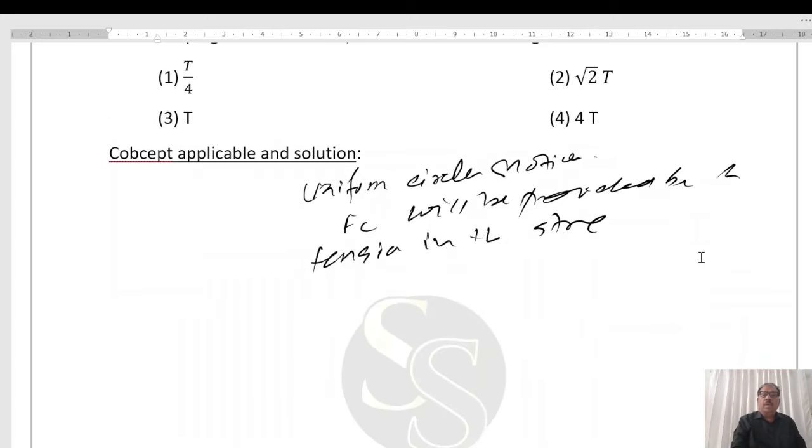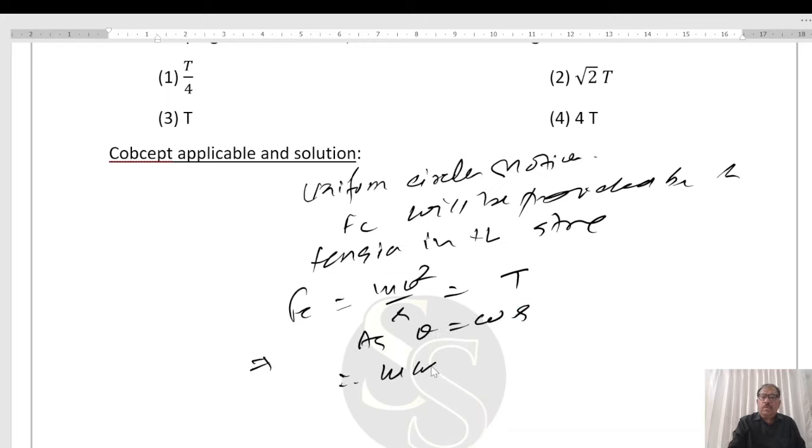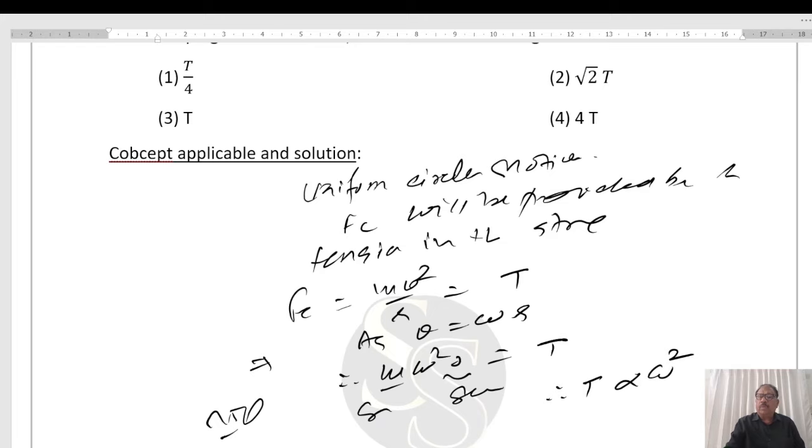You know, Fc will be equal to mv square over r equal to tension. As v equal to omega r, therefore m omega square r equal to tension. According to question, r is same, mass is same, therefore T proportional to omega square.